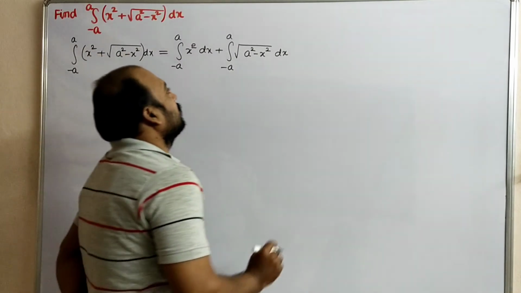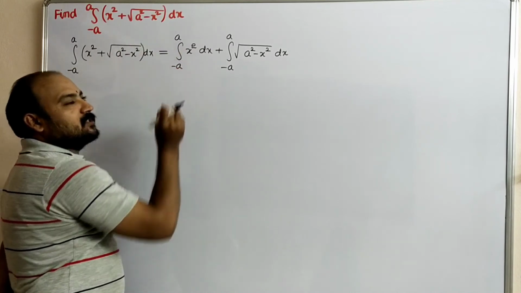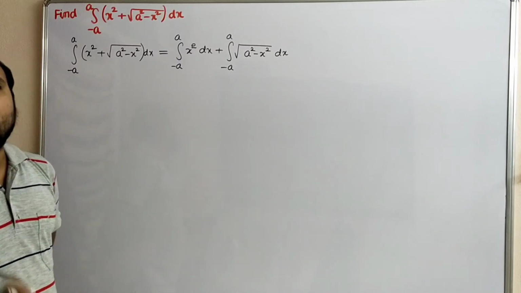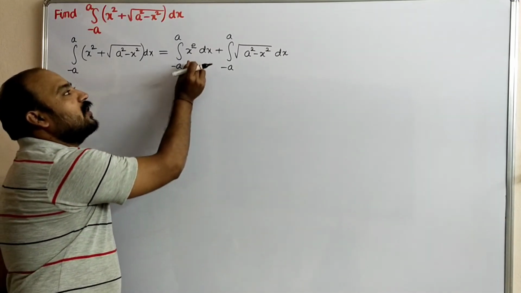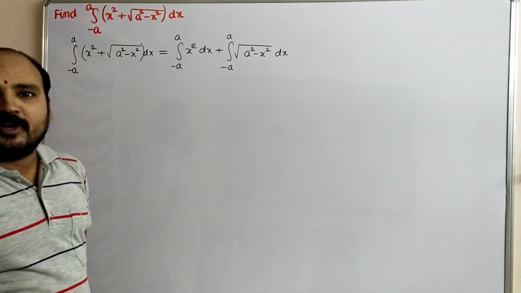After that, whenever integral minus a to a of f of x is there, by using the properties of definite integrals, first we have to verify whether these functions are even functions or odd functions.